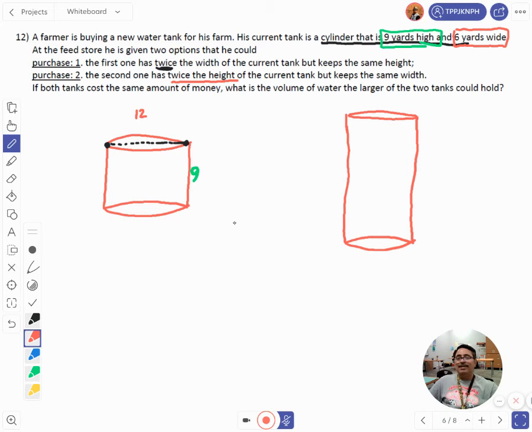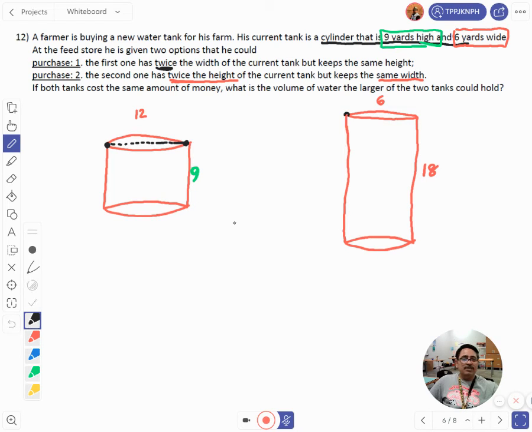It says that the second one has twice the height. So height is 9, then twice the height means 2 times 9, that becomes 18 as the height, and keeps the same width. Same width means the width remains the same, which is 6 yards. Therefore, it is 6.